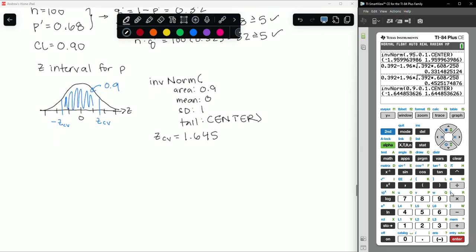And now it's just plug and chug. So for a proportion, our confidence interval is P prime plus or minus our critical value times our standard error for a proportion, which is the square root of P prime times Q prime over n. So 0.68 plus or minus 1.645 times the square root of 0.68 times 0.32 all over our sample size of 100.